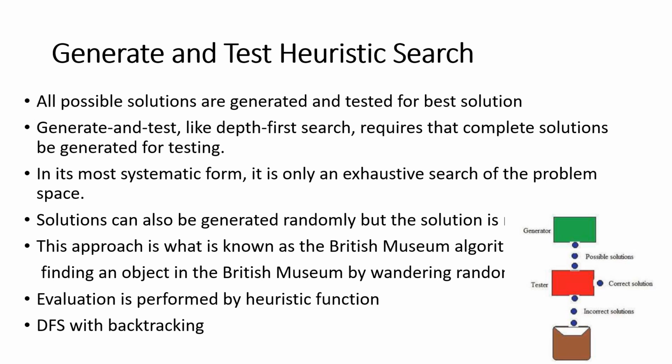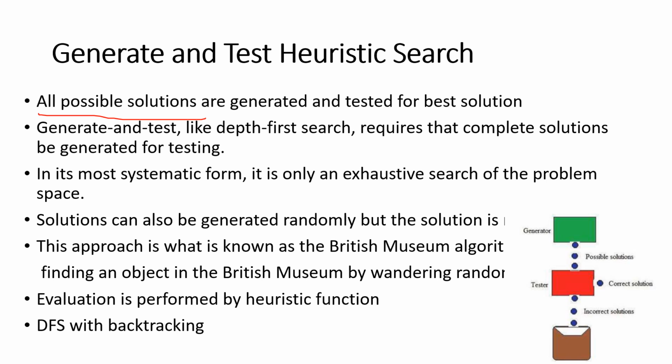Here we are specifying all possible solutions, so that means this is actually an exhaustive search. Generate and test tries every possible solution and guarantees finding a solution, but it will be very slow for large problems. It uses a brute force approach.